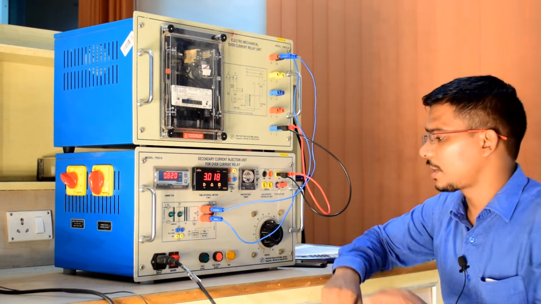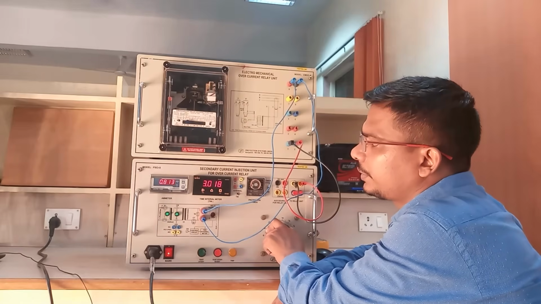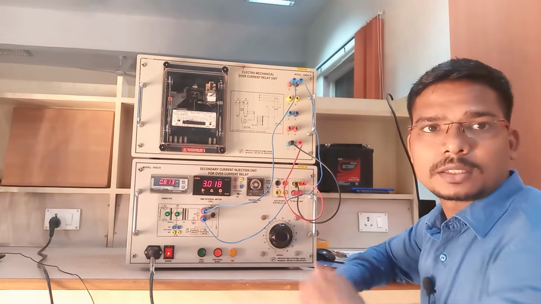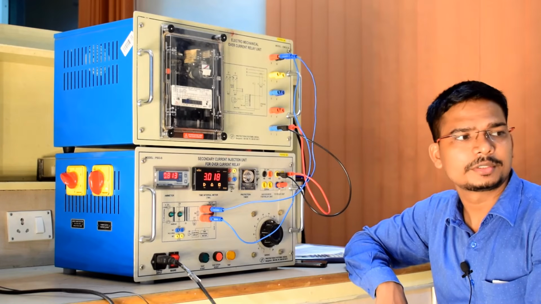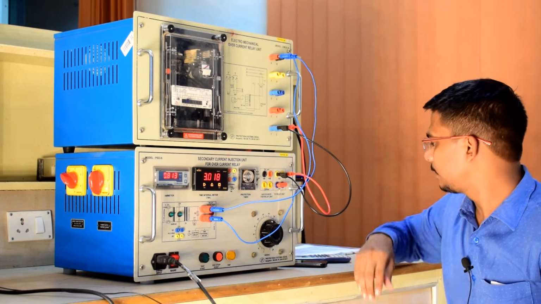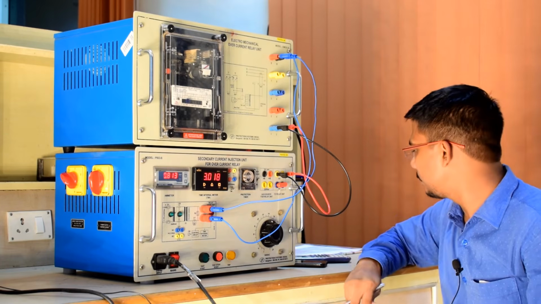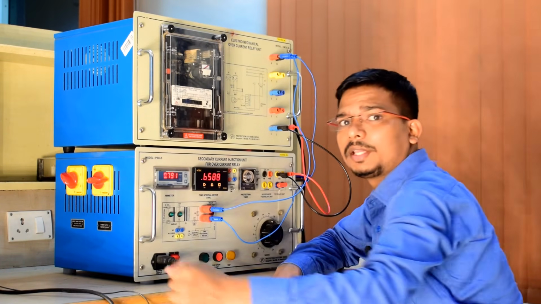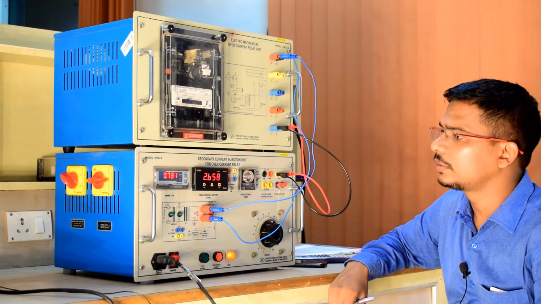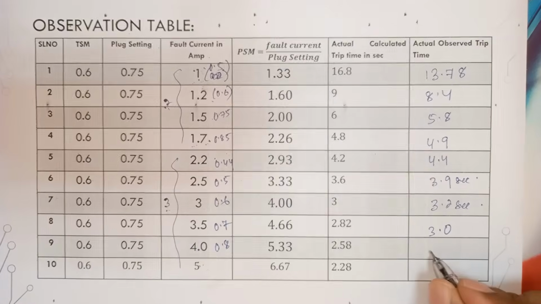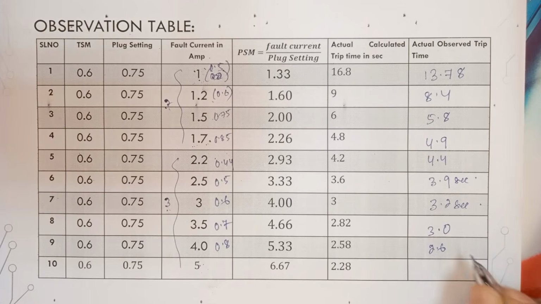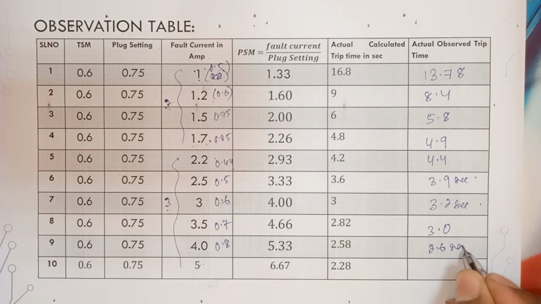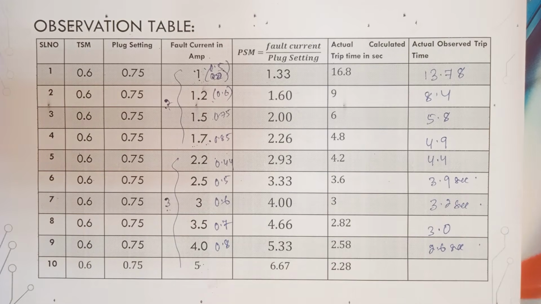So as you can see, we have applied 0.8. Right now this signifies 4 ampere. Now we will give the supply to the relay. So it gave 2.6 seconds, and the last is 5 ampere.